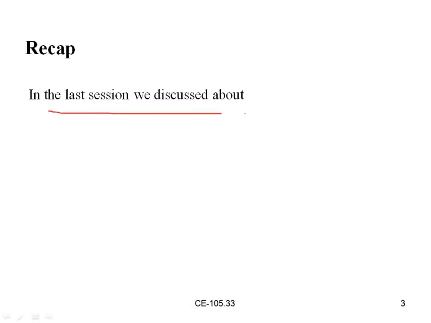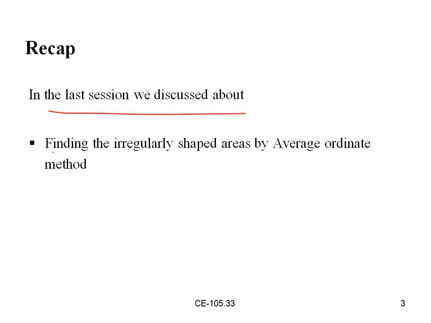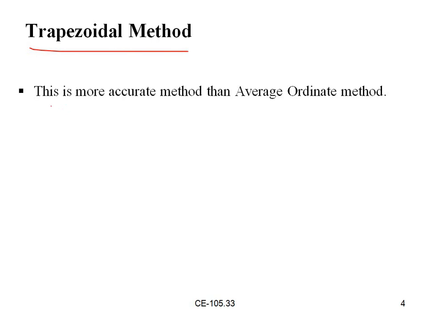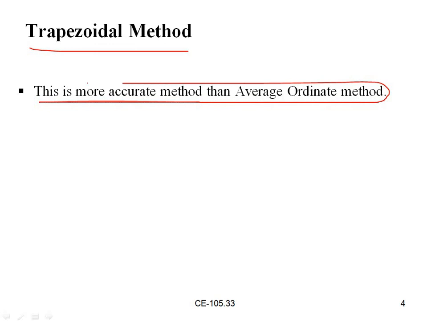In the last session we discussed finding irregularly shaped areas by the average ordinate method. So the trapezoidal method, what is it? This is a more accurate method than the average ordinate method. So why is it accurate?